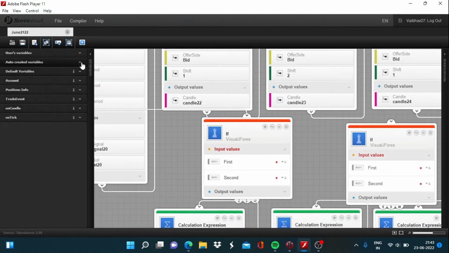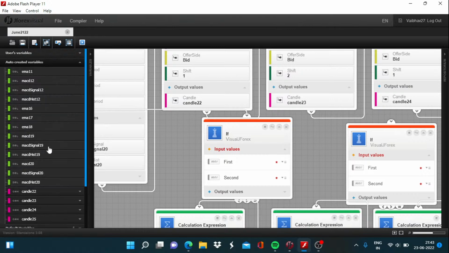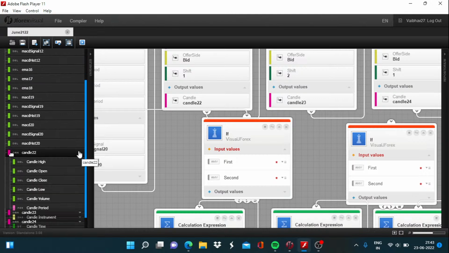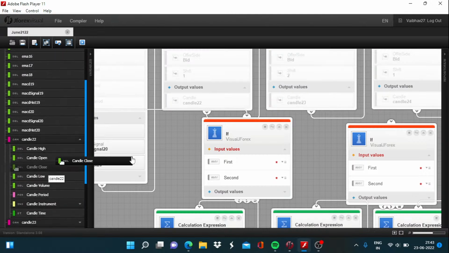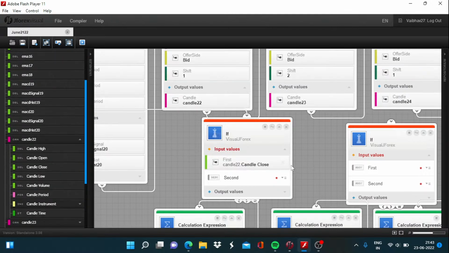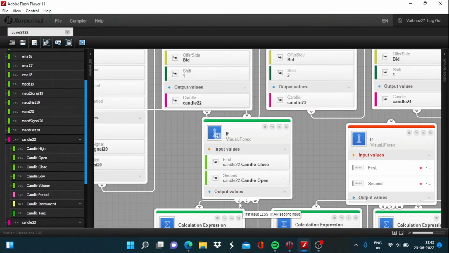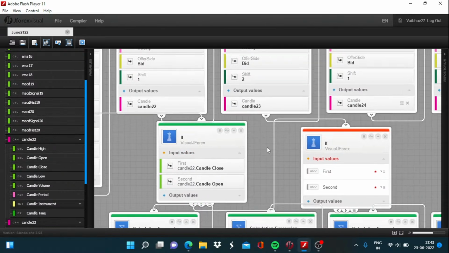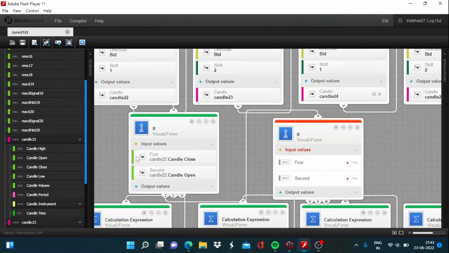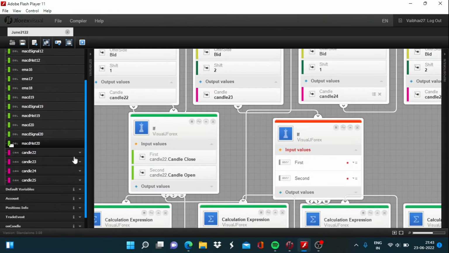So I am going to consider auto created variables, candle 22nd candle close will need to be less than candle 22nd candle open, first input less than second input, whereas in the prior hour the closing level should have been higher.